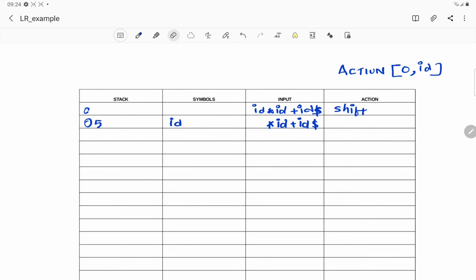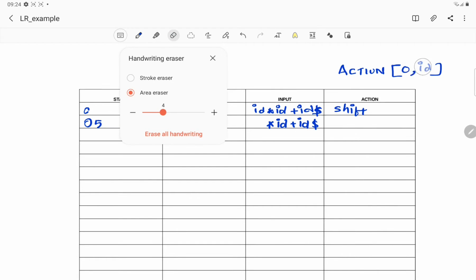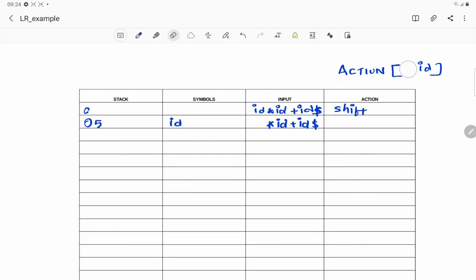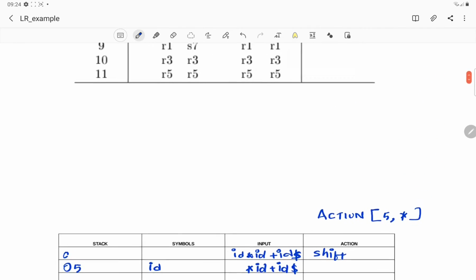Input symbol is star. So we have to consider 5 comma star. What is the value of action of 5 comma star?